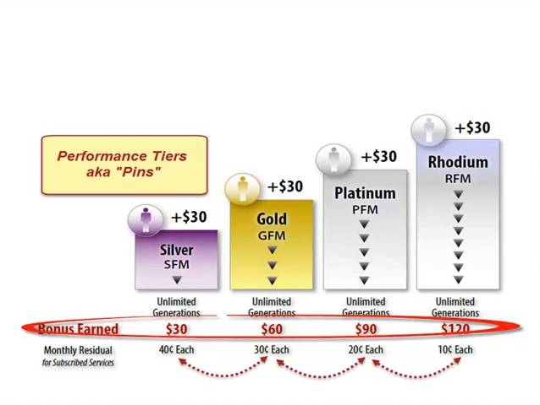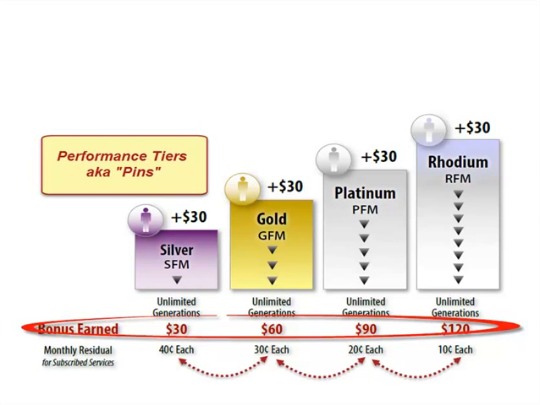Now, this is a very powerful thing, and we'll see just how powerful it is a little bit. But you just have to remember that these one-time bonuses are paid down through infinity. Also, there's residuals bumped up for both family members and for customer points, and those are additive.